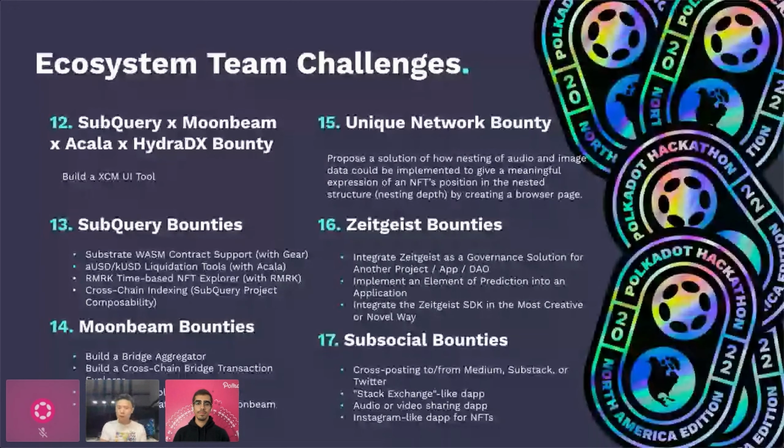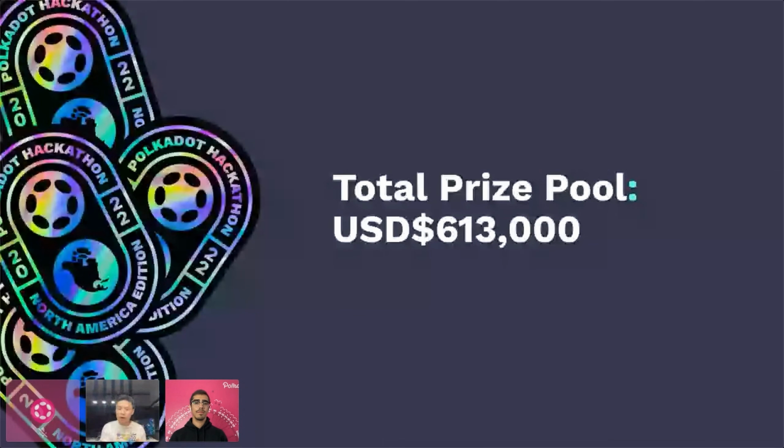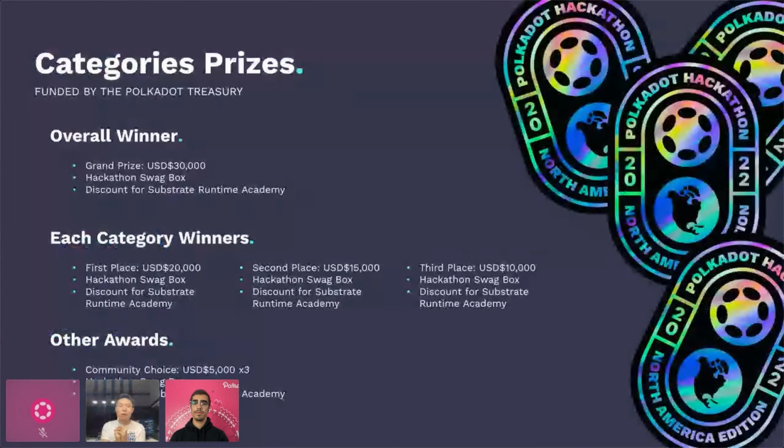We have a prize pool of 613,000 so far, and partial of it is funded by the Polkadot Treasury, which will be awarded to the category winners. Essentially, we have the overall winner walking away with 30,000, a hackathon swag box, and a discount for Substrate Runtime Academy. And for each category, we will have first, second, and third place. And last but not least, we are empowering all of you out there, your friends or families or anyone that you know, to vote for your submission.